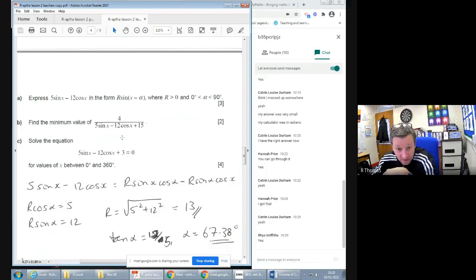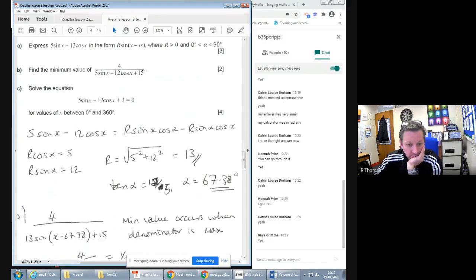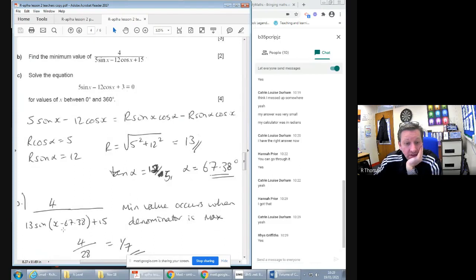So I'll have 13 times 1 is 13, plus the 15 is 28. So you should have the minimum value occurs when the denominator is maximum, 4 over 28, which is 1 over 7. That's the minimum value of that expression there.